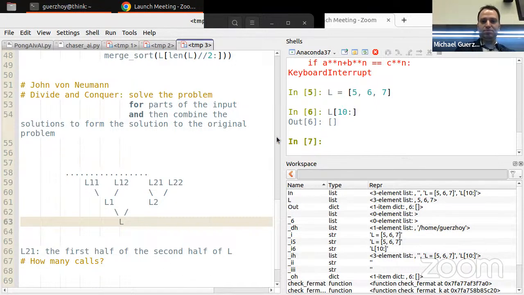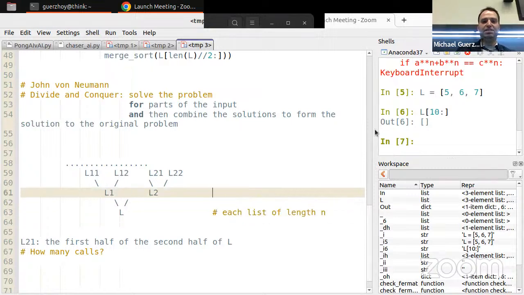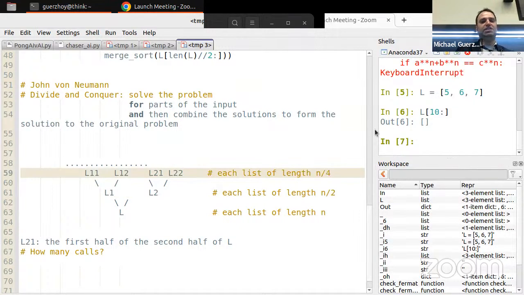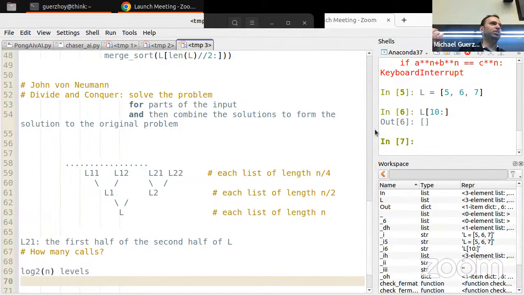So at the top each list is of length n, then each list is of length n over 2, then n over 4. That means there are log base 2 of n levels, because you go from length n to n over 2 to n over 4, and so on.